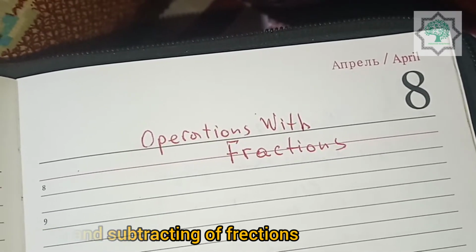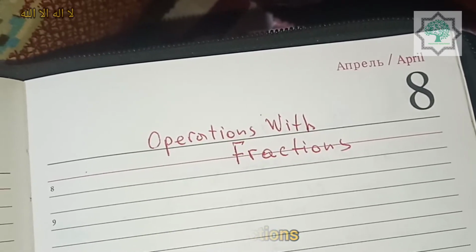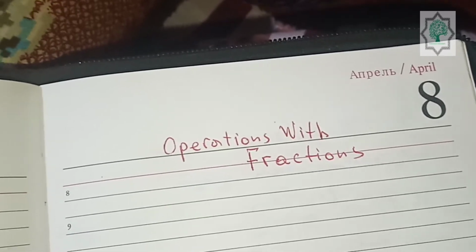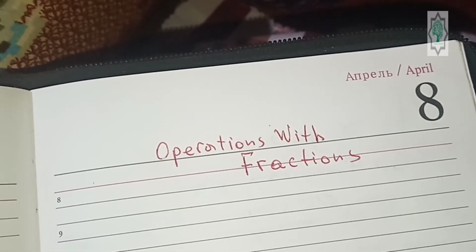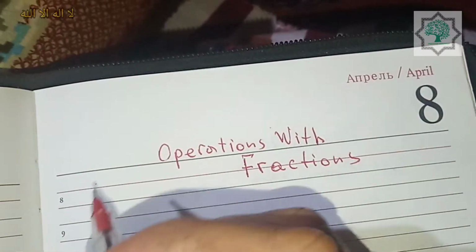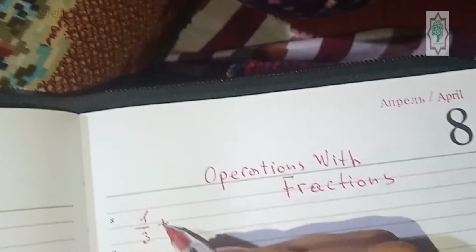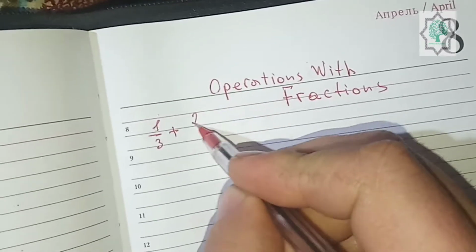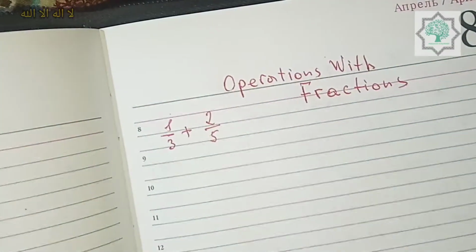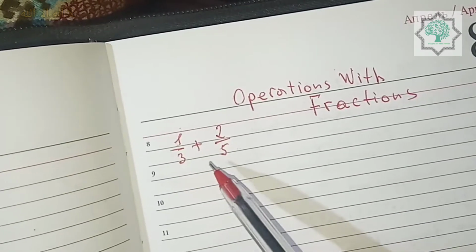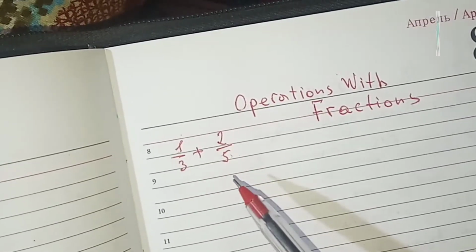So in adding or subtracting fractions, you must know that the numbers must have the same common denominator. For example, we add 1/3 by 2/5, for example. If you look, the denominators are 3 and 5.